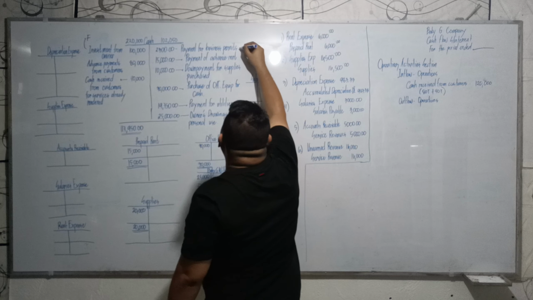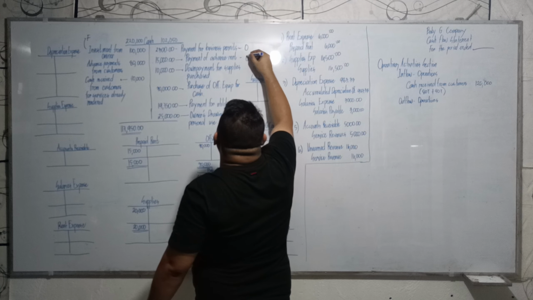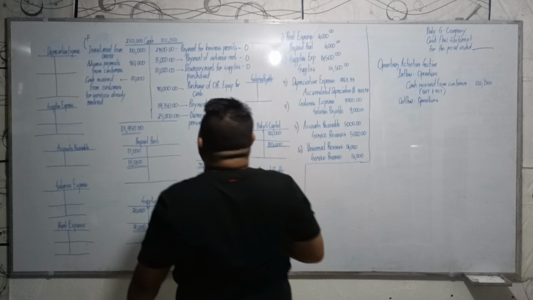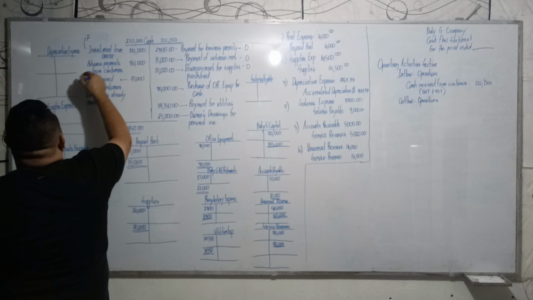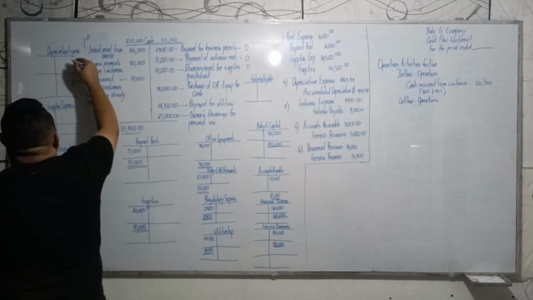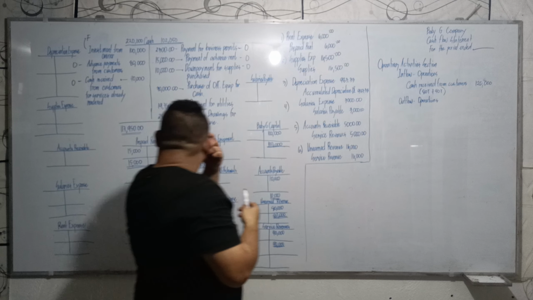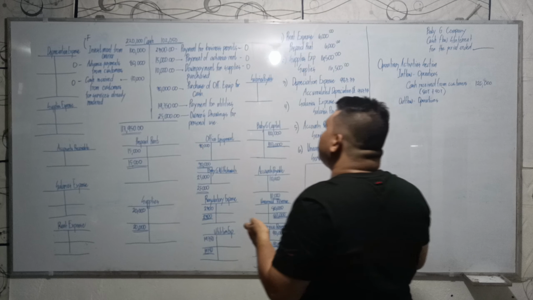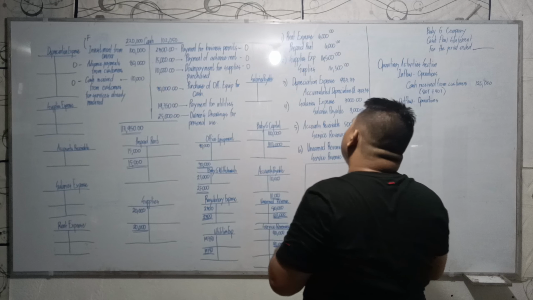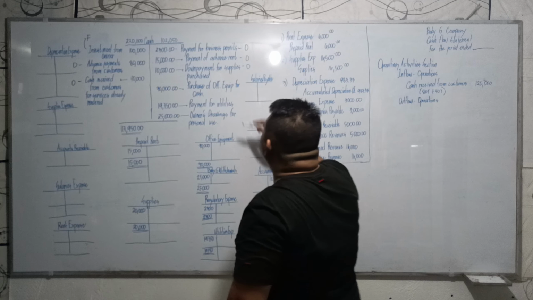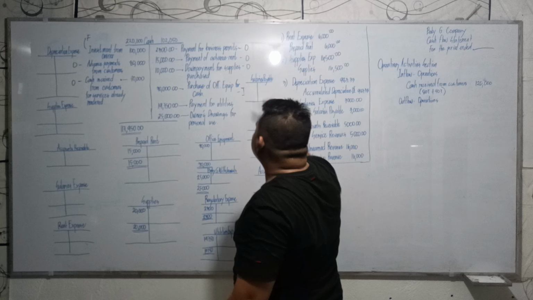These are all operating activities. So next, purchase of office equipment for cash. As I have mentioned, if you are going to purchase for non-current assets, that's part of investing.